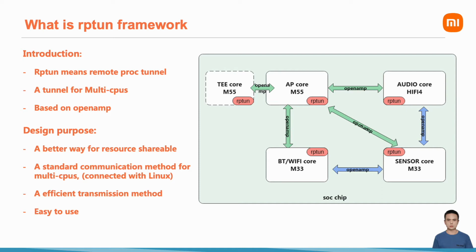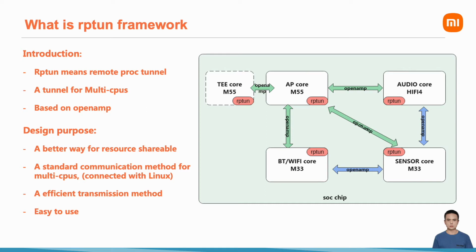let's see the picture. In an SoC chip, multi-core is always the choice. Professional core for the professional things. So how to communicate between these cores is an important thing. Now we provide a solution, the Rptun framework. What is Rptun framework?